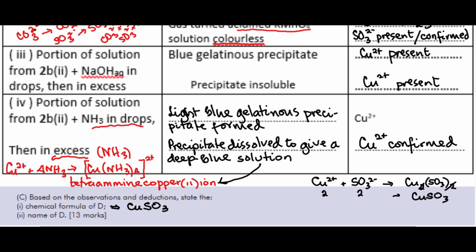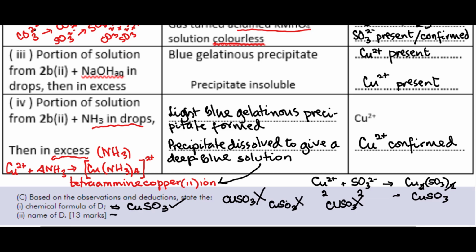That's the formula. It is capital C, small u, capital S, capital O, subscript 3. Not this. This is wrong. Neither is it this. This is wrong. Neither is it this. This is also wrong. So this is the correct formula.